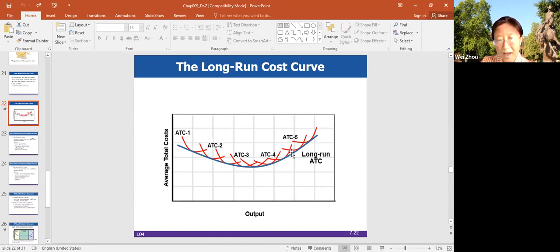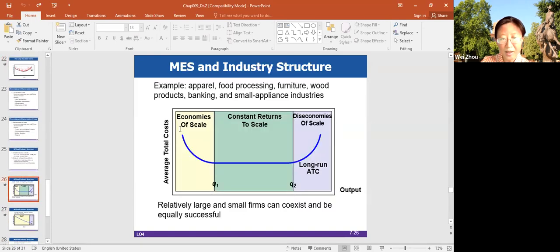The long run average total cost is U-shaped. At first, your average total cost goes down when you produce more. That is called economies of scale. However, it goes to the point where your minimum average total cost can last, until you reach the point where, when you make more, your cost goes up.